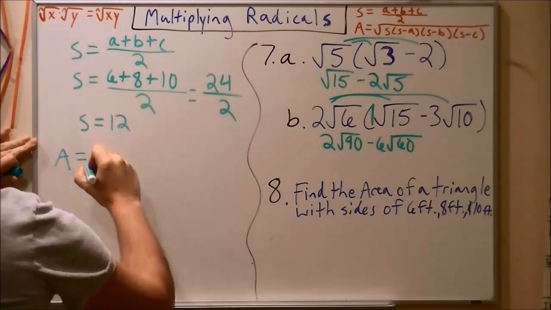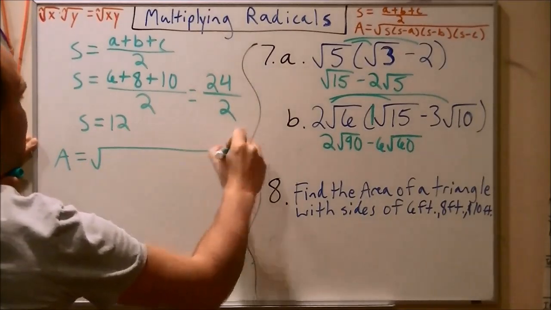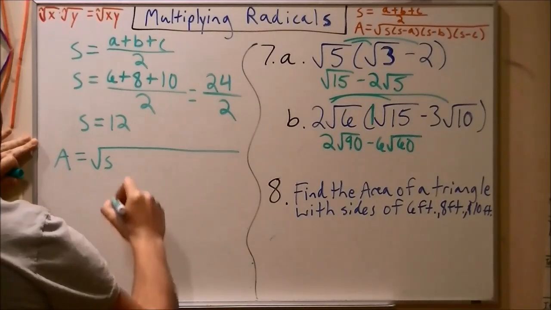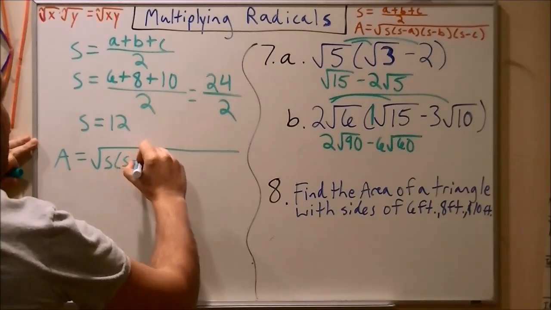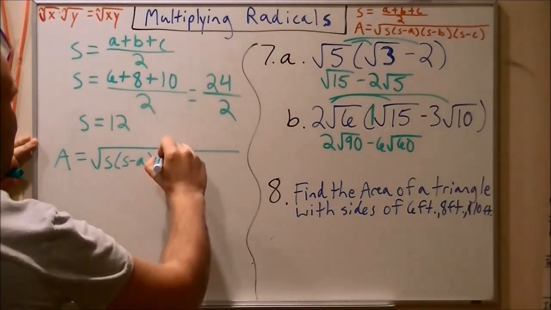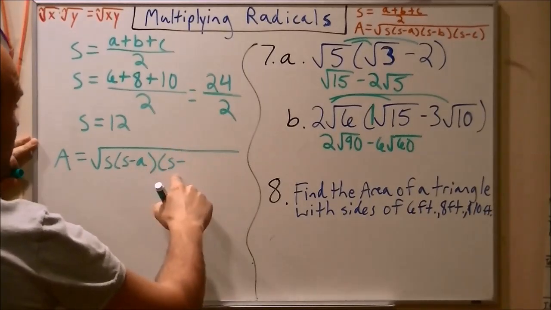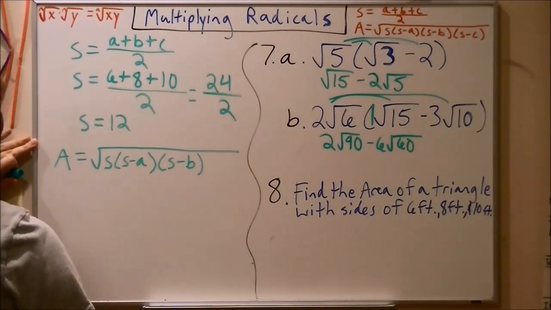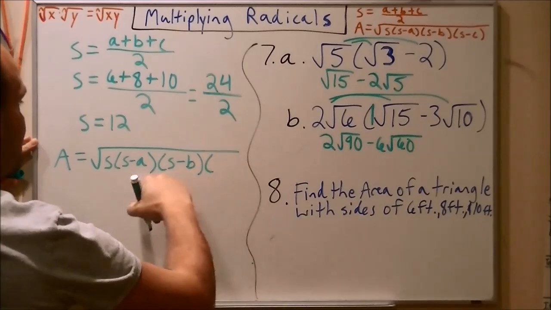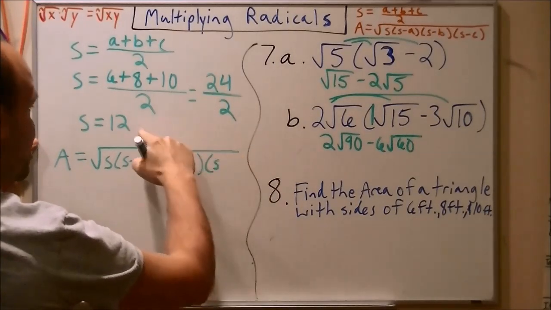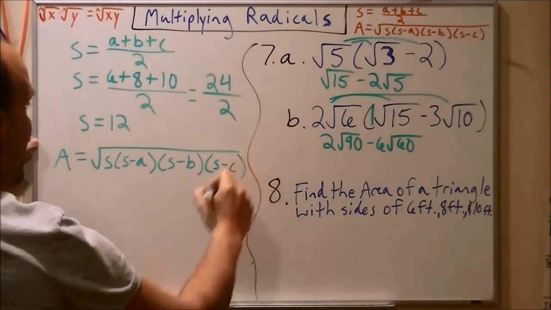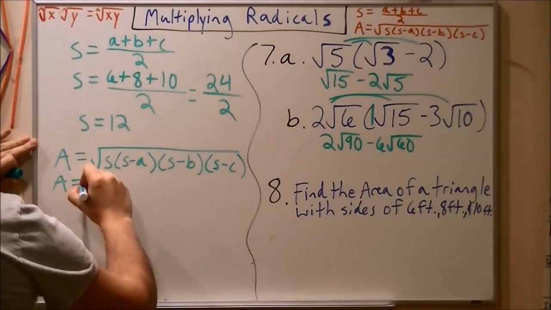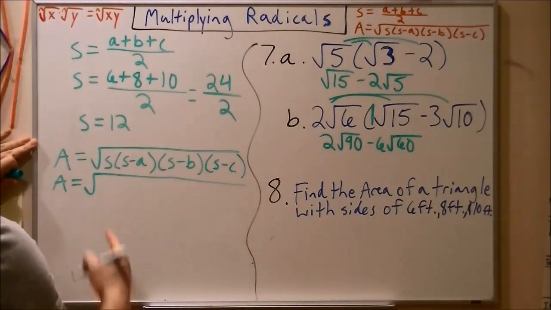And the area formula for a triangle, I'm going to rewrite the whole thing just so we get a little more familiar with it, is the square root, it's a radical all of itself, square root of S times, in parentheses, S minus one side, A, times, in parentheses also, S minus the second side, the length of it, B, close parentheses, just like the first one, open parentheses a third time, that same number S minus the third side, the length of it in the triangle, C. Okay, well, let's put some numbers to all this madness. A equals then the square root, what's S?